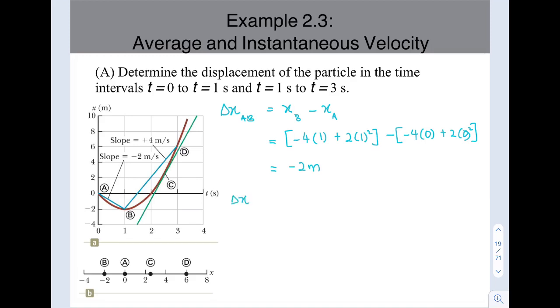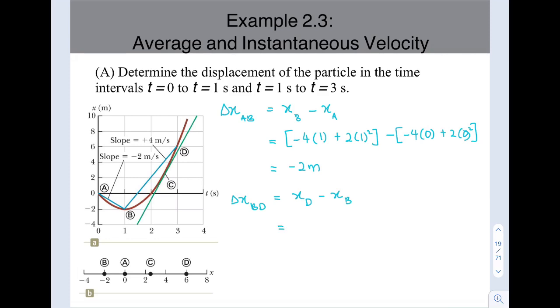For delta x from 1 to 3 seconds, it's from B to D, equal to x final, which is xD, minus x initial, which is xB.